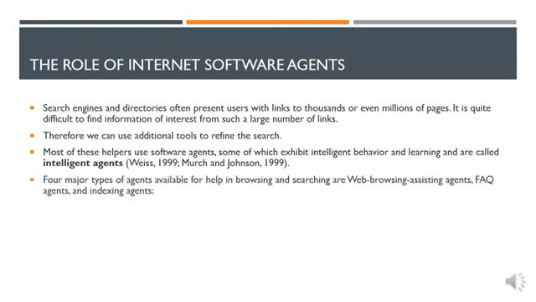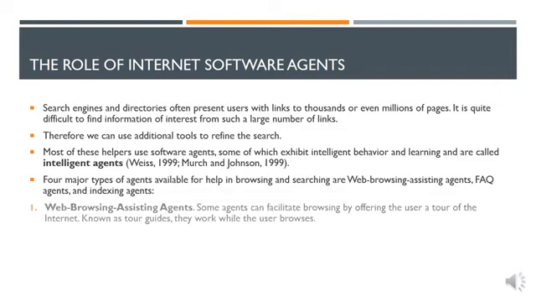Four major types of agents available for help in browsing and searching are web browsing assisting agents, FAQ or frequently asked question agents, and indexing agents. Number 1, web browsing assisting agents.